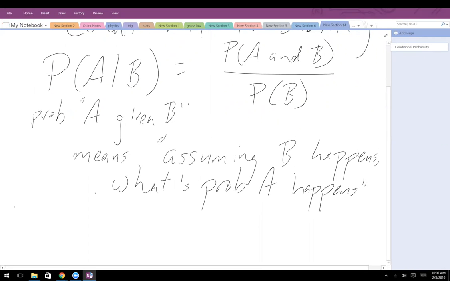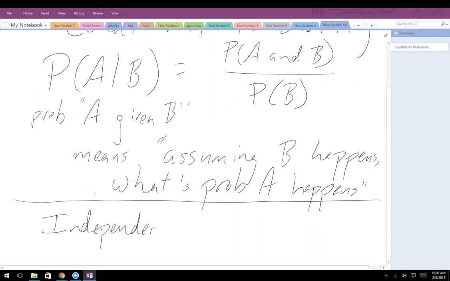All right. The last thing is independence, which is what it sounds like. If two things are independent, they shouldn't affect one another, right?